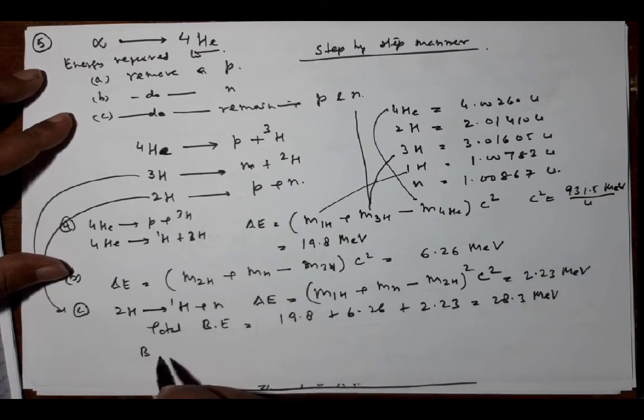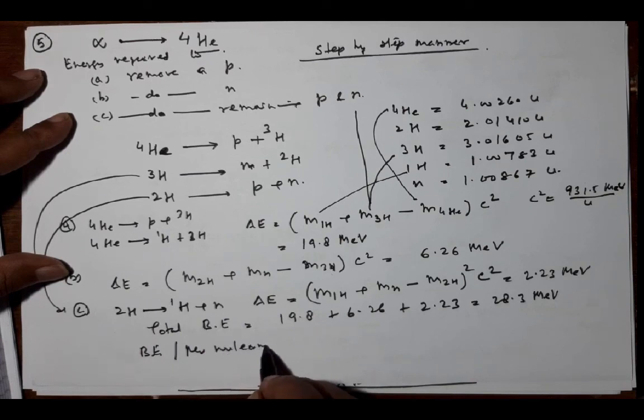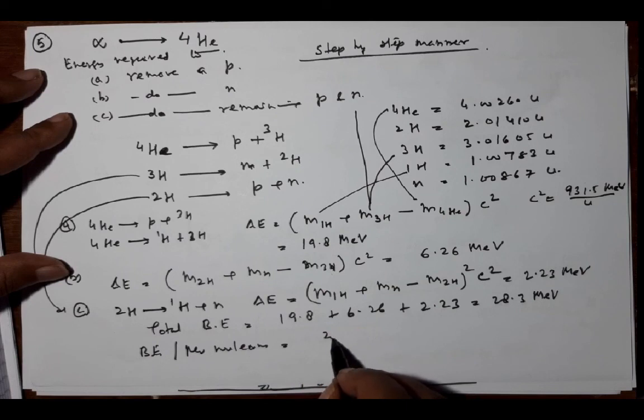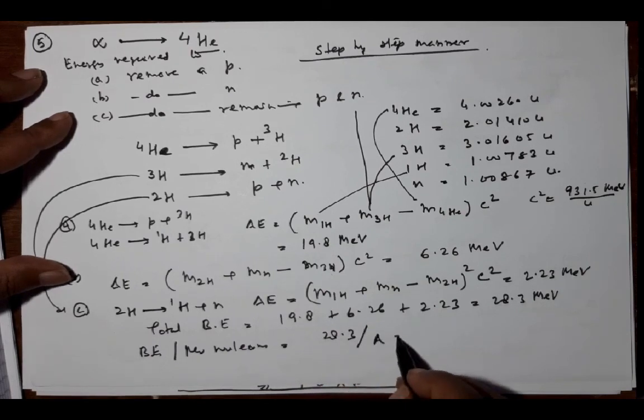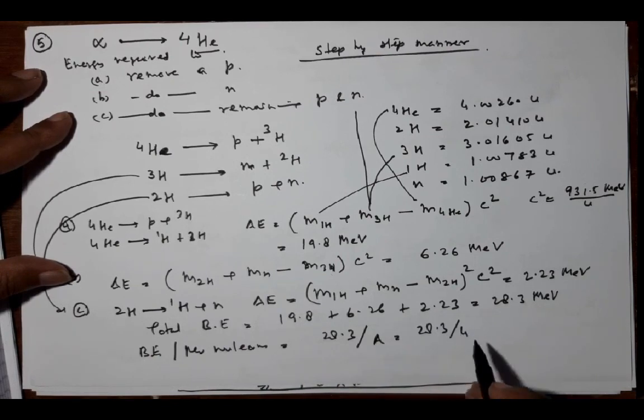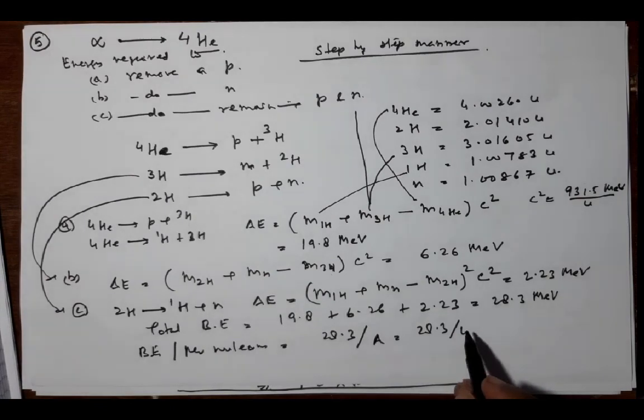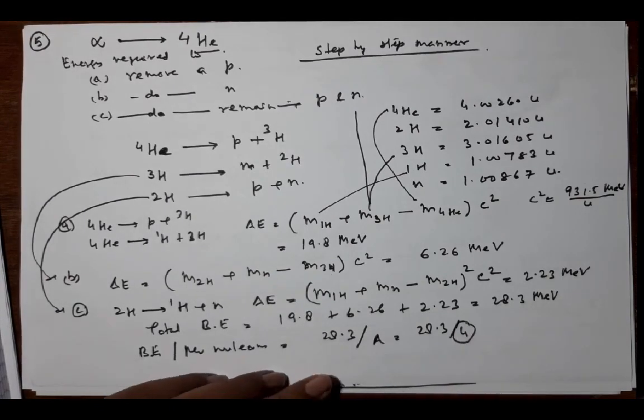So BE per nucleon is nothing but 28.3 upon A, that is 28.3 upon 4, because 4 is the mass number.